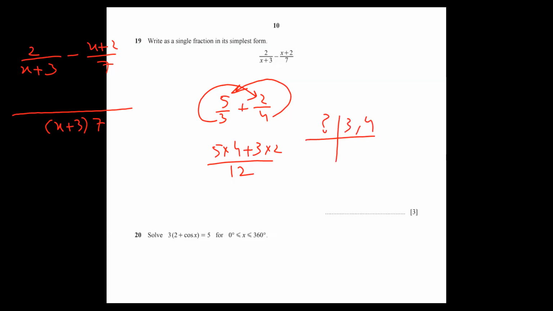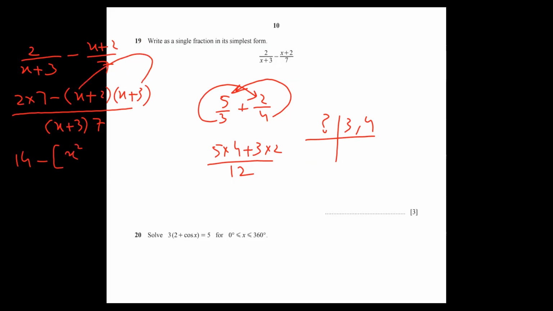Same story here. This multiplies here and this multiplies here. So I'm going to complete it. 2 times 7, and x plus 2 and x plus 3. 2 sevens are 14. Be careful, outside is my minus sign, so I will use a bracket. X times 2x, I get x squared.